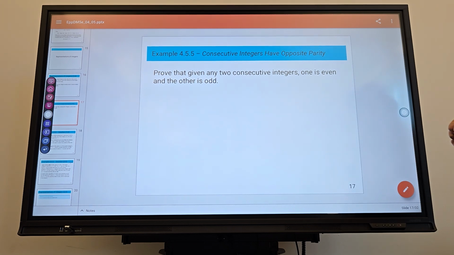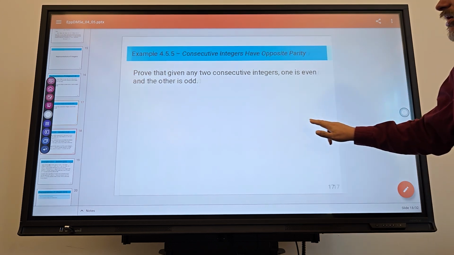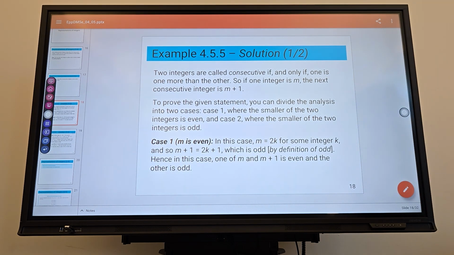Prove that given any two consecutive integers, one is even and the other is odd. Two integers are called consecutive if and only if one is one more than the other. So if one integer is m, the next consecutive integer is m plus 1.